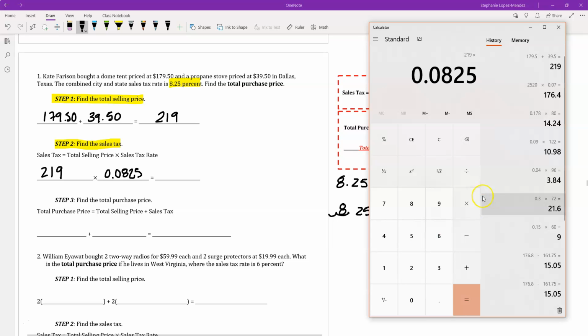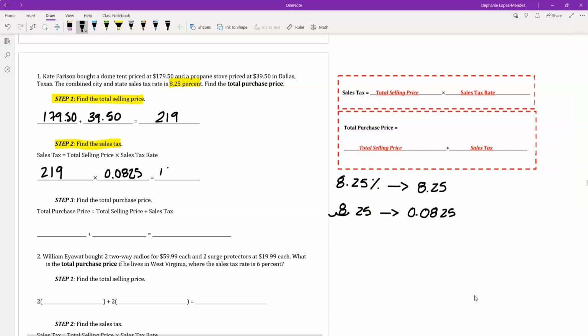That gives me 18.0675. Right? So this is 18.0675.